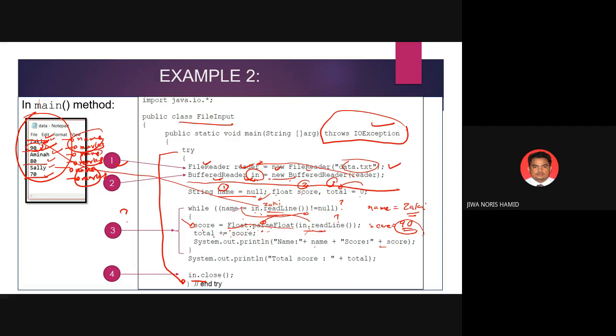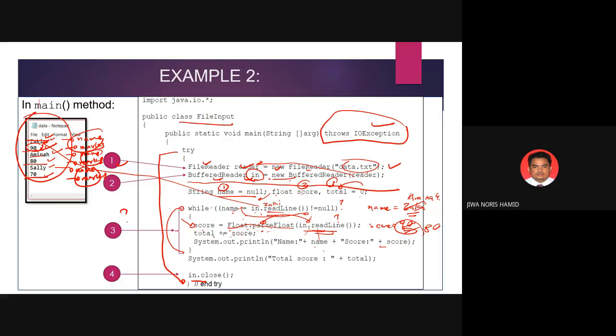Bila dah habis 90 ni, dia akan repeat balik for second iteration. Sebab dia dah pun baca readLine, maka the next readLine akan pergi ke Aminah. Nampak tak sini? So name equal to Aminah. So the latest value of name is Aminah. Dia akan override, replace the old value. Jadi dia akan check, adakah name tu tidak sama dengan null? Yes. So the latest score will be 80 and then here total equal to 90 plus 80 will be 170.